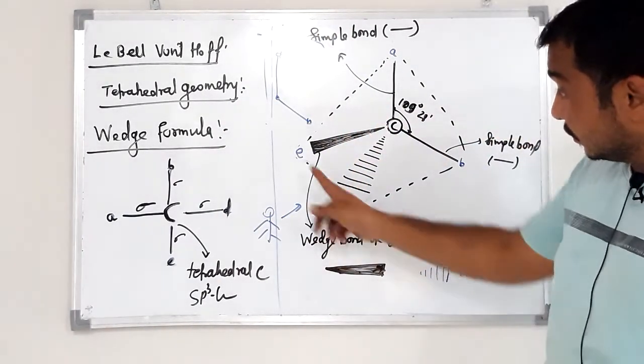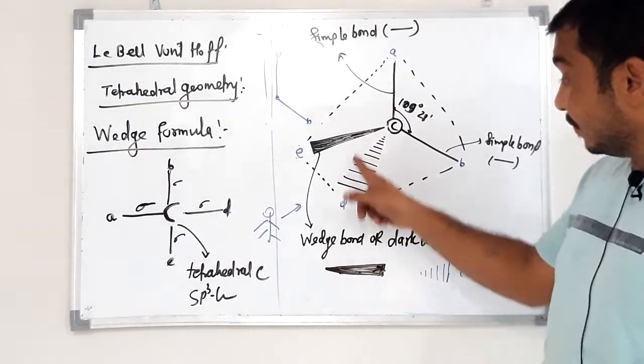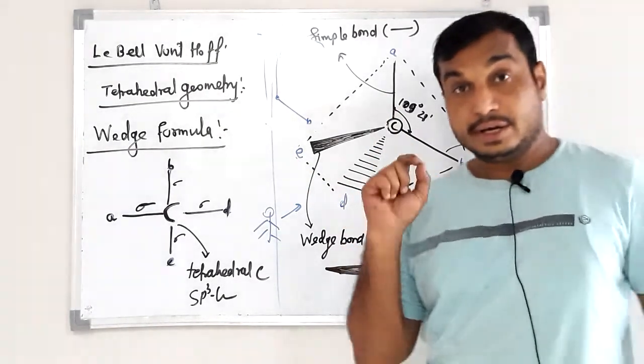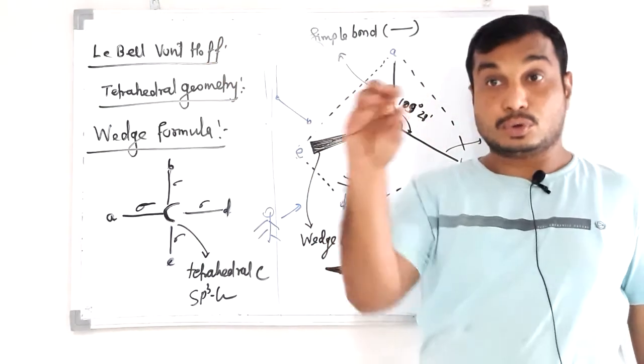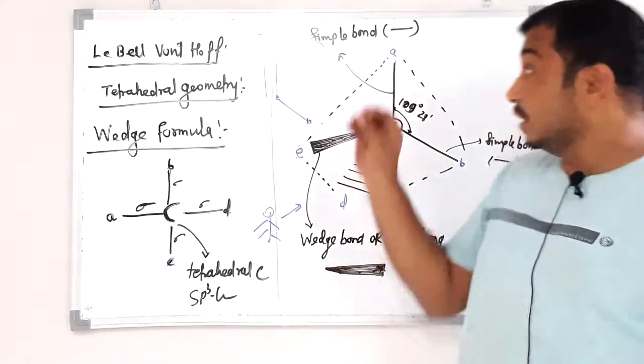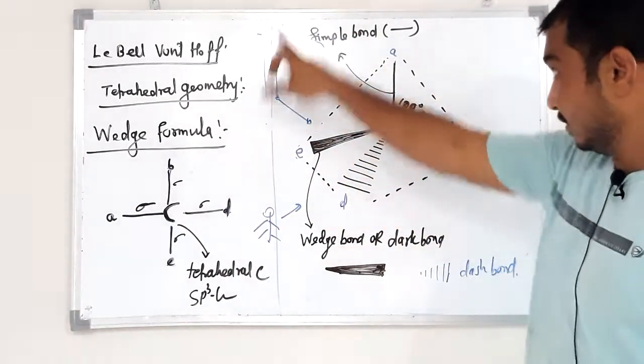Now this E is attached to C by a wedge bond or dark bond. It means this E is moving toward the observer, out of the plane.